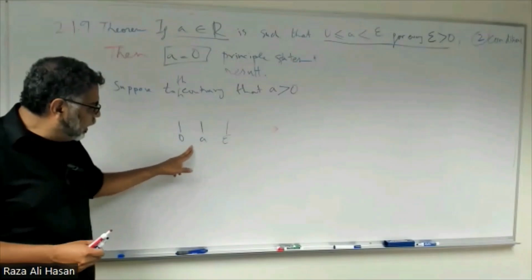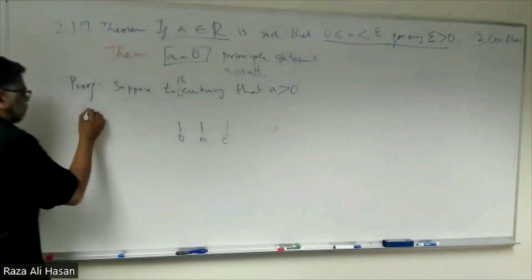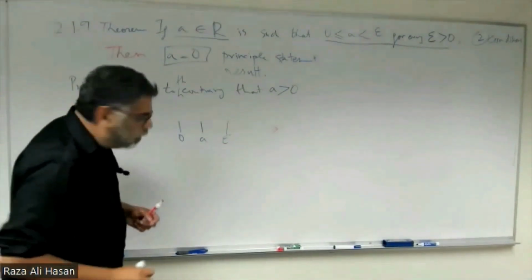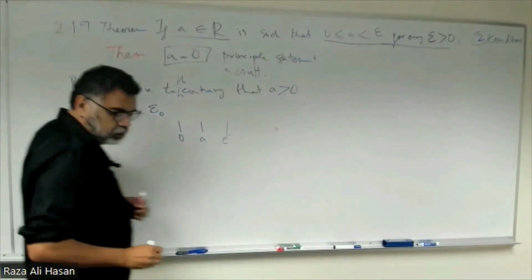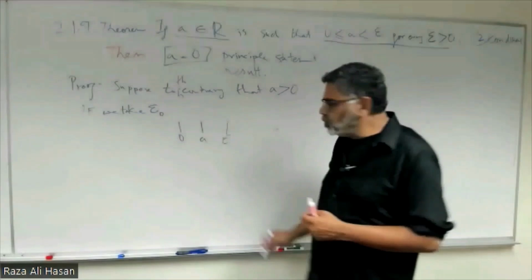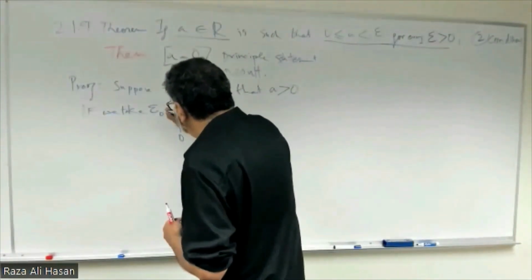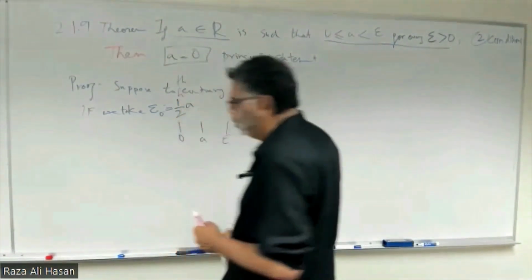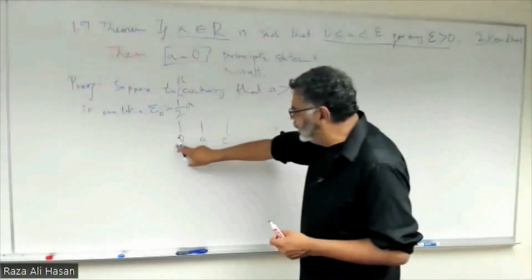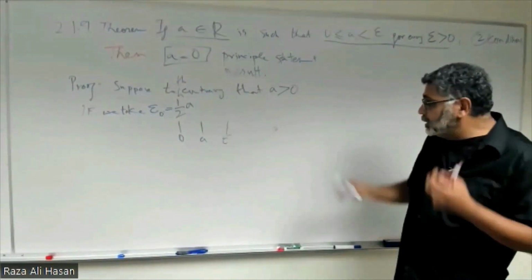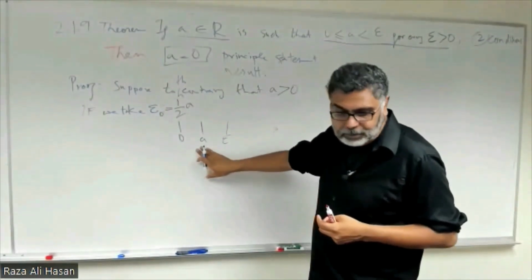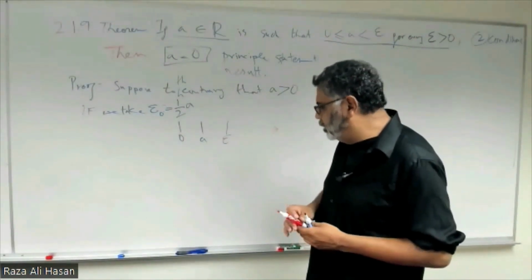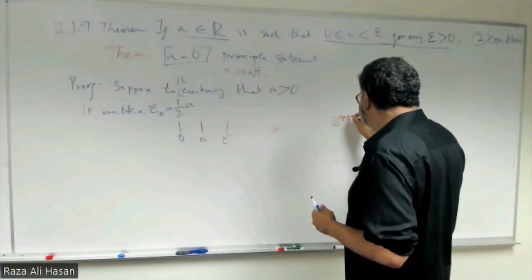So right now, A is smaller than this one. What if we take another epsilon, an epsilon naught, and we define it, with the colon and equal sign, to be half of A. So the length A, half of length A. Now our epsilon is actually smaller than A. The colon and equal sign is to define.